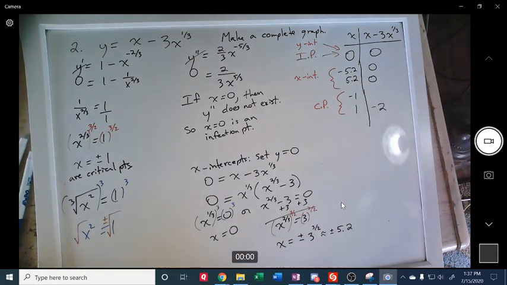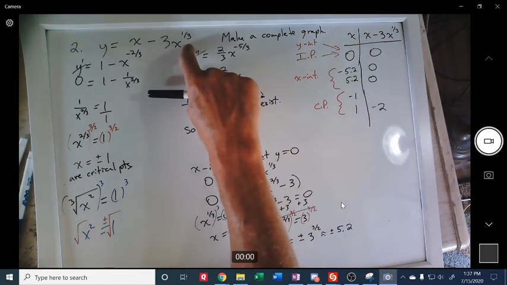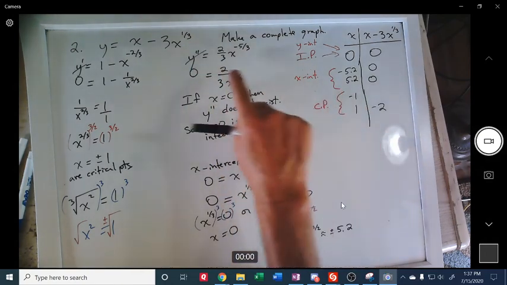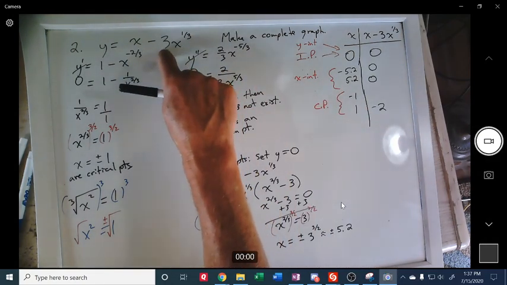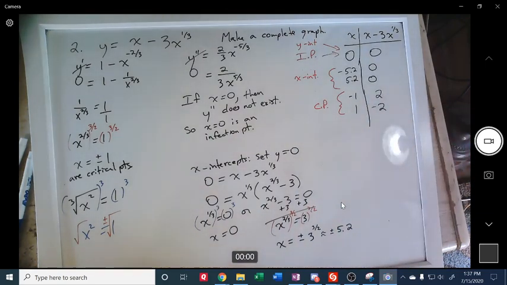If I put negative 1, now the cube root of negative 1 is still negative 1. So negative 1, I get negative 1 plus 3, which would be positive 2. All right. Any questions so far?